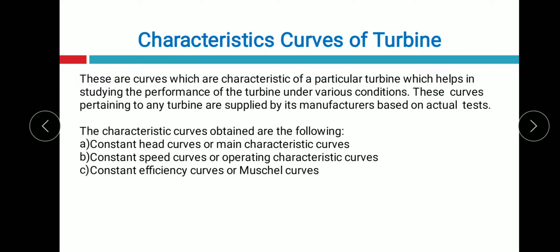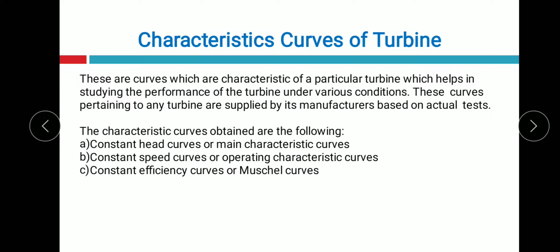Various conditions means sometimes we operate the turbine under full load, partial load, half load, like that. And speed also we will vary. Generally we vary head and speed. At different heads or different speeds we operate the turbine. So the performance of the turbine under these various conditions is useful.